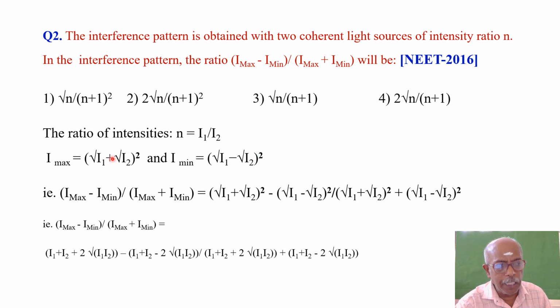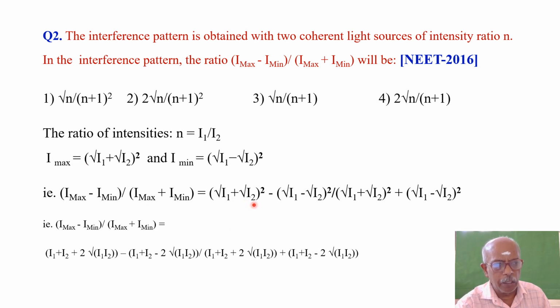Now you have to substitute the value of Imax and Iminimum in this equation. In the LHS you have the factor that has been asked in the question, Imax minus Iminimum divided by Imax plus Iminimum. What is Imax?